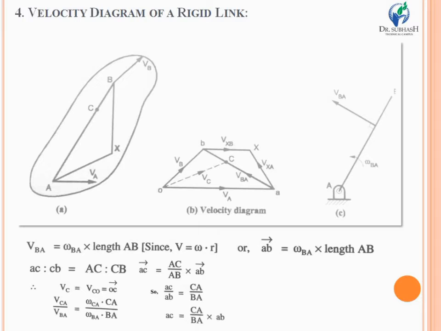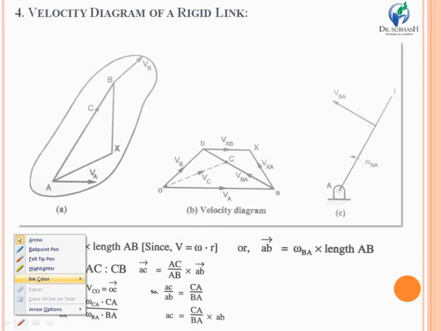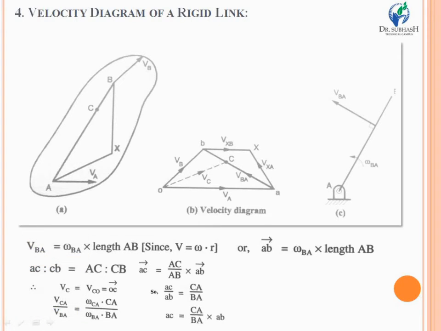Now the velocity VA will be represented by vector OA. Looking at the diagram, that is O, and that will be OA. So this represents the velocity of point A of link AB, because it can be drawn easily as direction and magnitude are known to us.